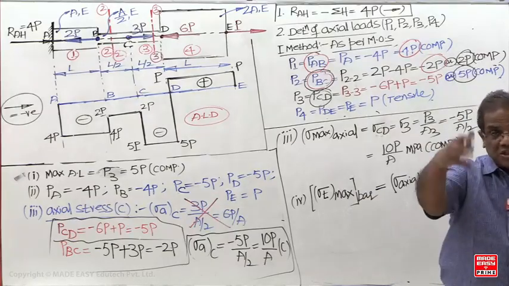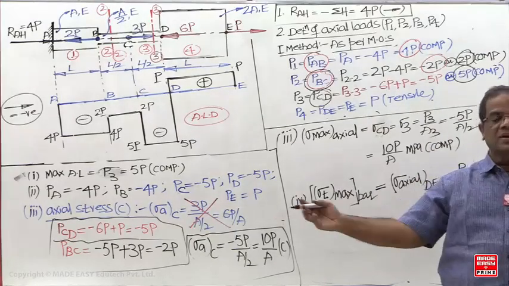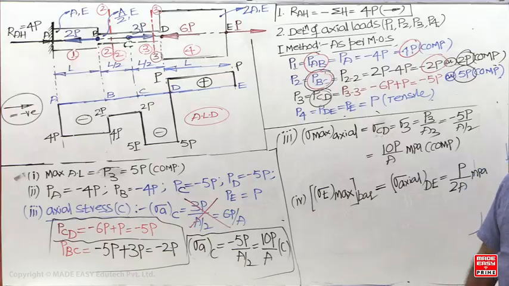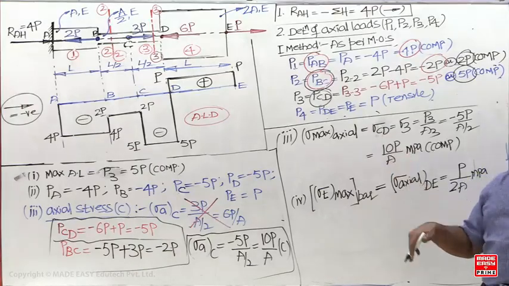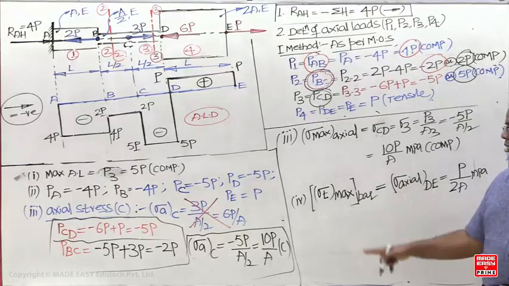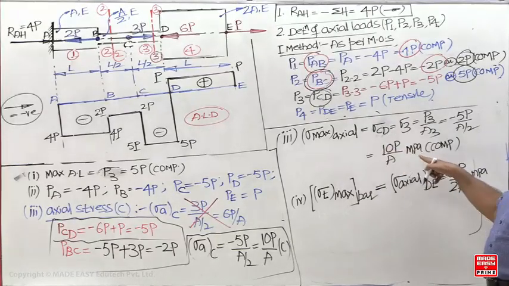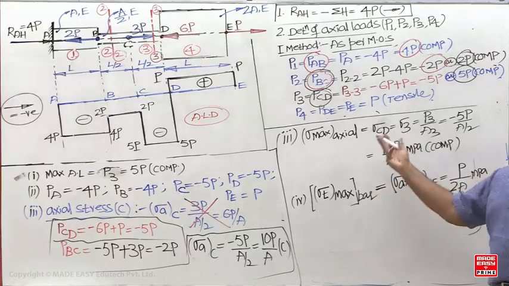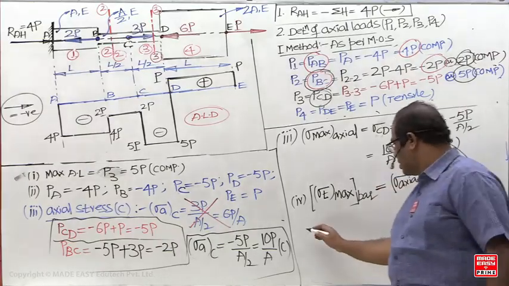On the cross section, shear stress is 0. But in the bar is asked. In the bar means you have to consider all the planes. Under a uniaxial state of stress, the maximum shear stress is half of the maximum axial stress. Already you got the maximum axial stress as 10P by A. So the maximum shear stress is half of this.